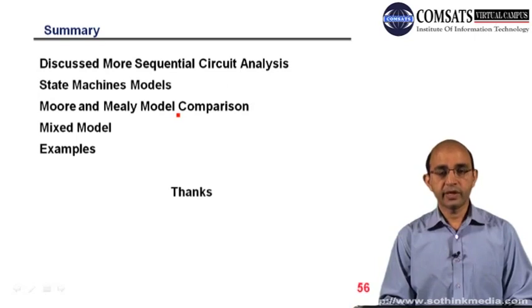It means we can have a state machine where we have the Mealy as well as the Moore model, and we have gone through different examples. So I wish that you should solve more and more examples from your textbook in order to have full command or grip over this topic.